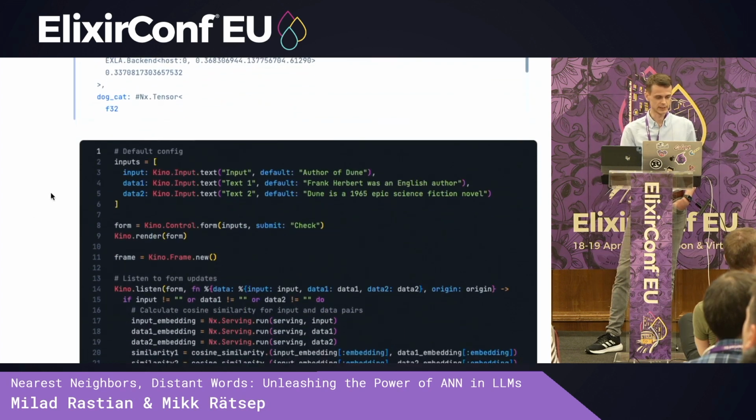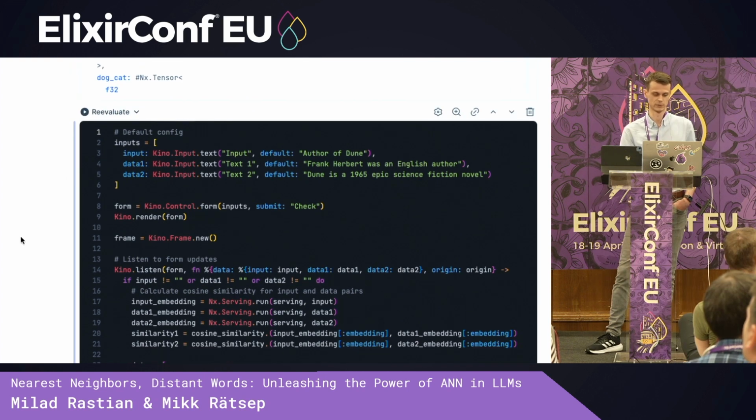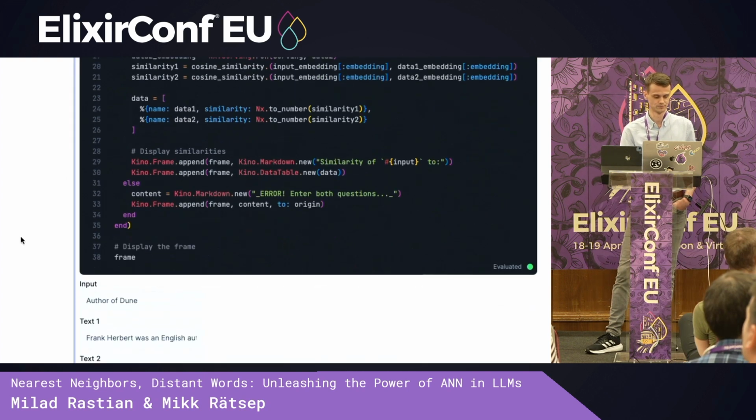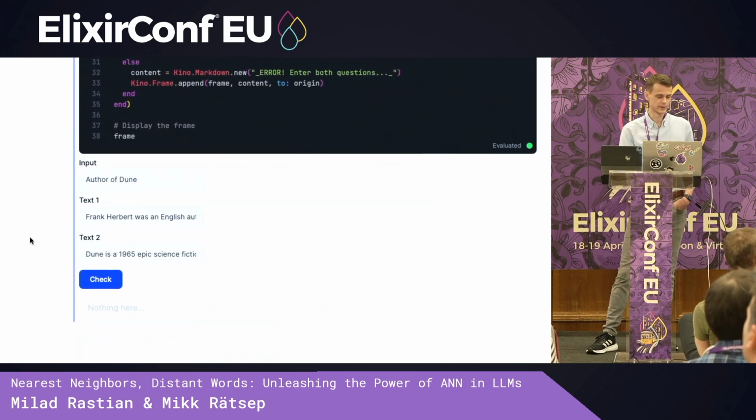So let's try some different inputs, but do it in a fancier way with Kino. So here we're gonna see if author of Tune, how similar it is to either of the two texts.